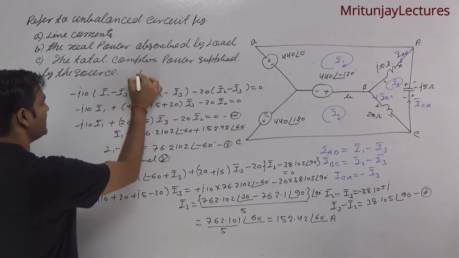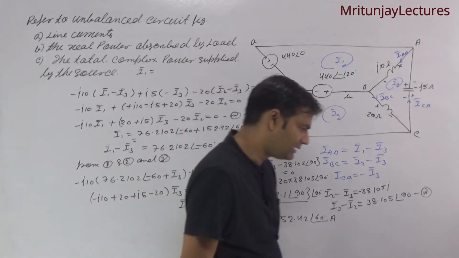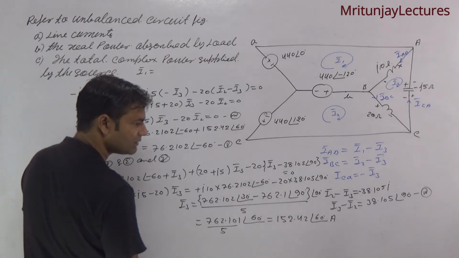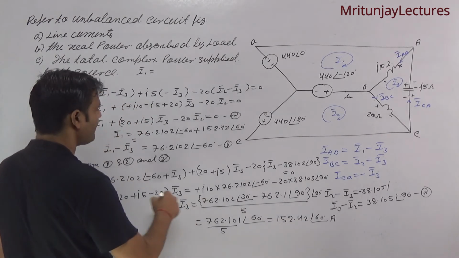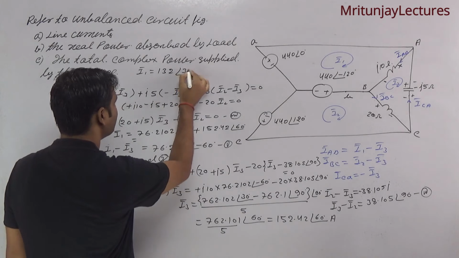So what about I1? I1 is, as I have already done, 132 at the angle 30 degree.